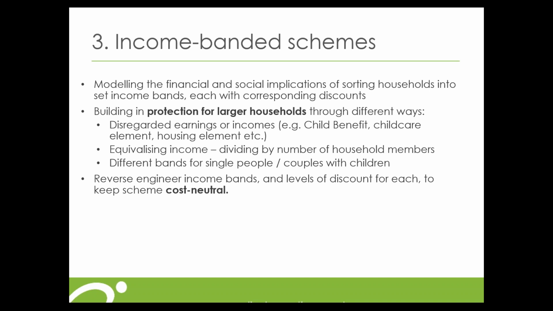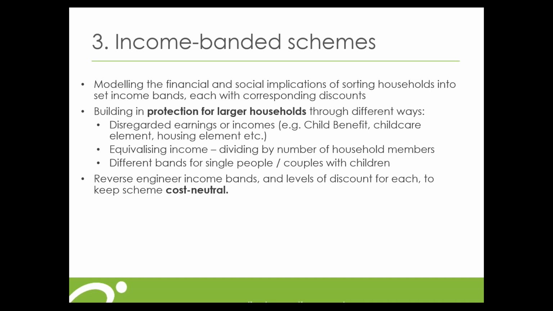So typically households with kids, for example, receive certain benefits that they need. One of the ways that they get around this, both in South Gloucestershire and in one of the schemes we modelled for Wolverhampton, is through disregarding certain types of incomes that are associated with larger families, so child benefit or the childcare element, and actually the housing element as well. Another way this could be done is by equivalizing income.